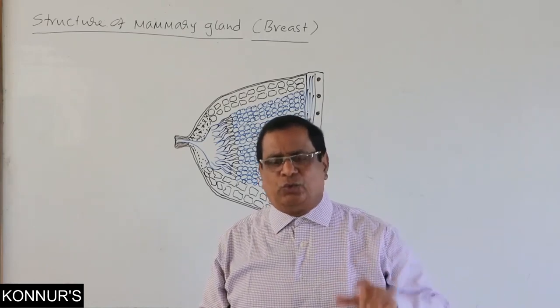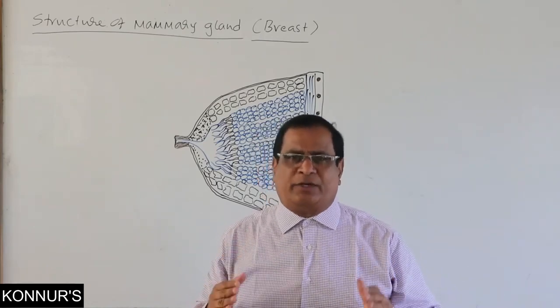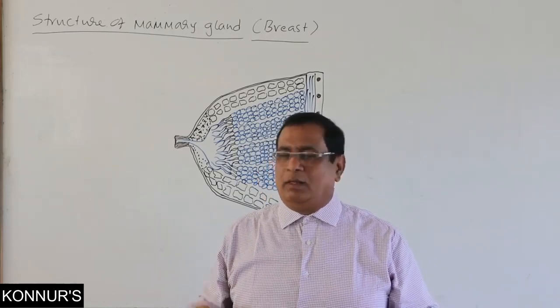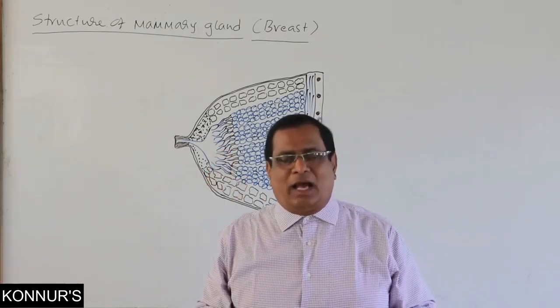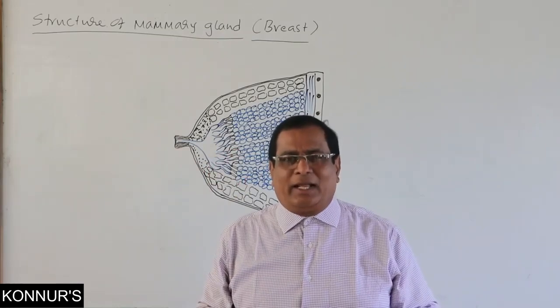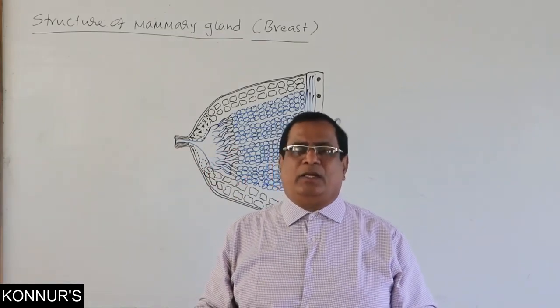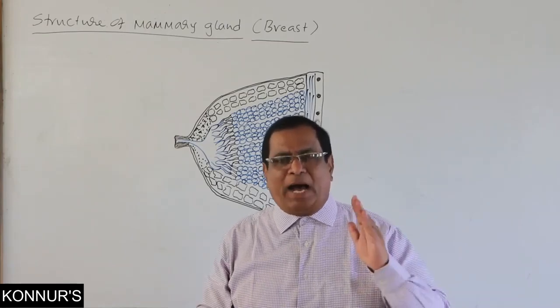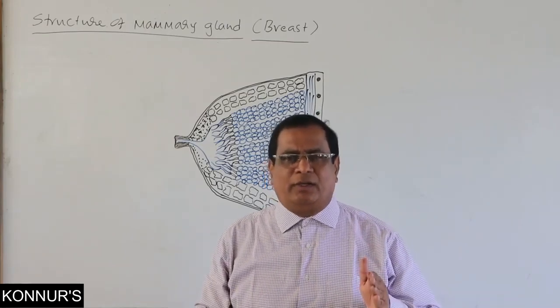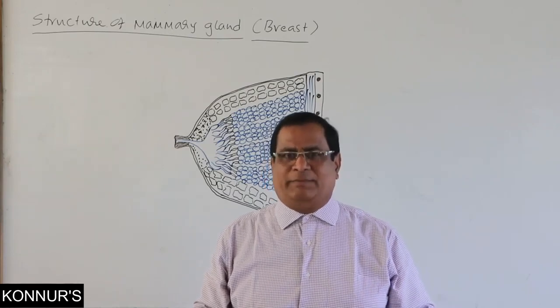In addition to these parts of the female reproductive system, mammary glands are the integrated parts of the female reproductive system. Even these are also part and parcel of the female reproductive system.